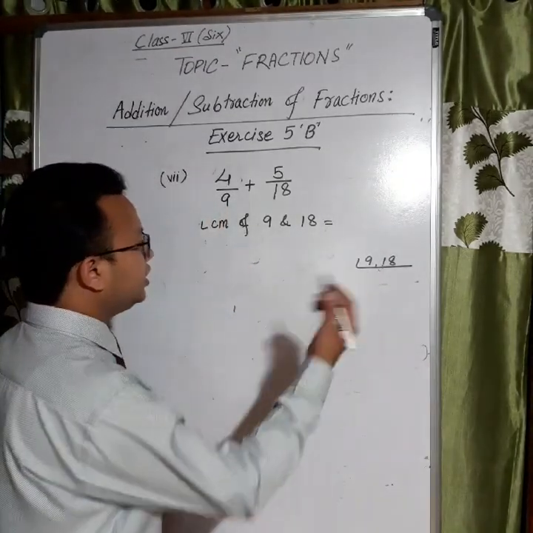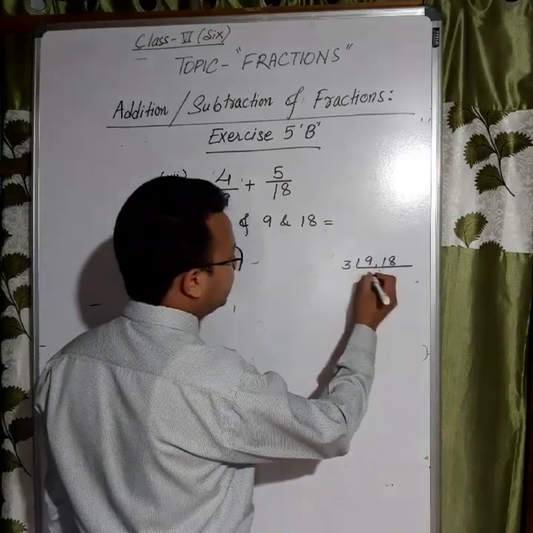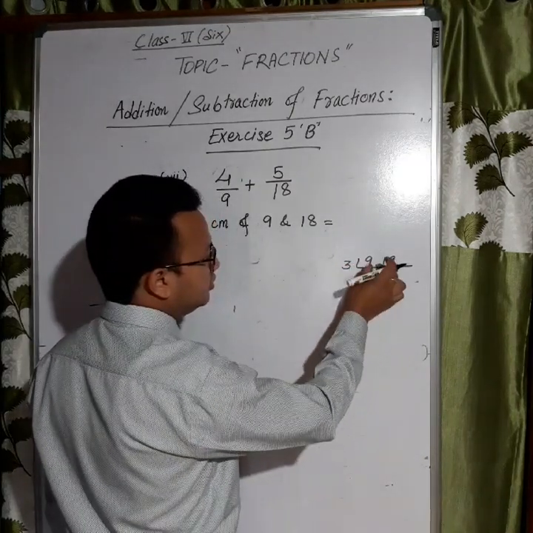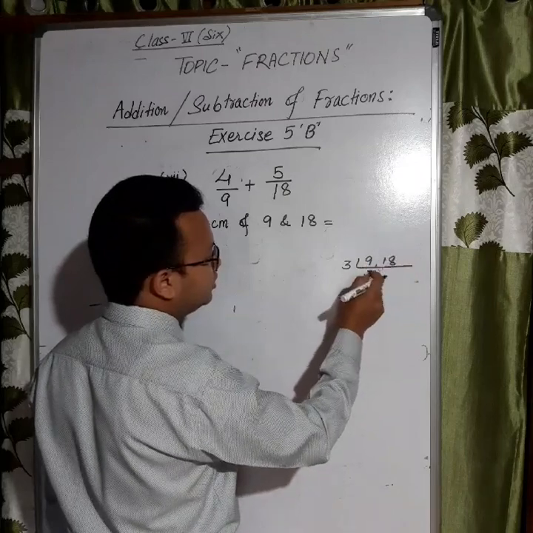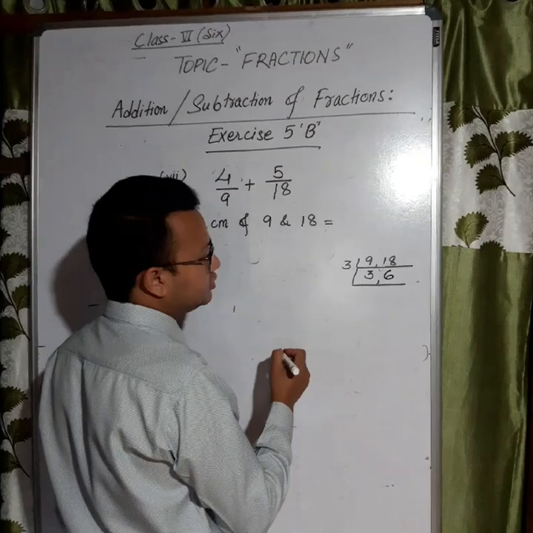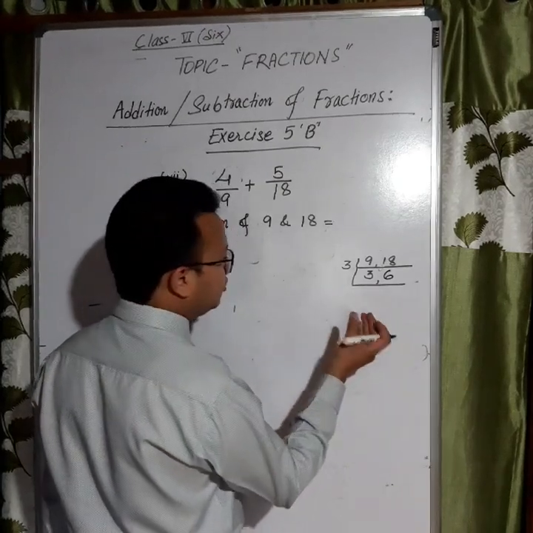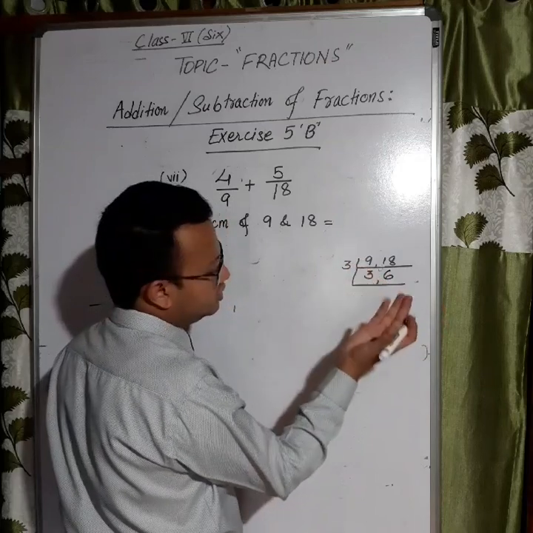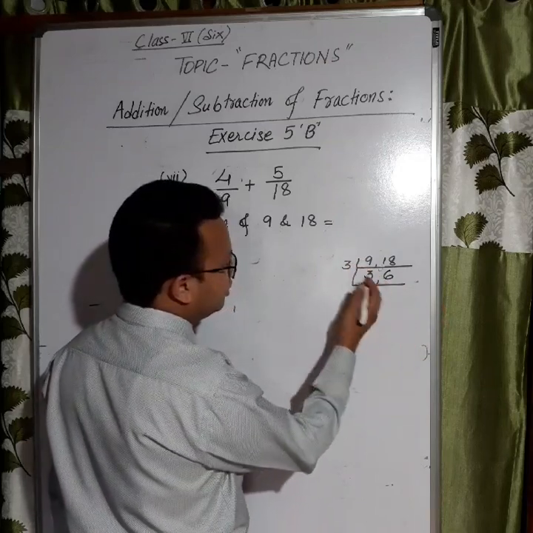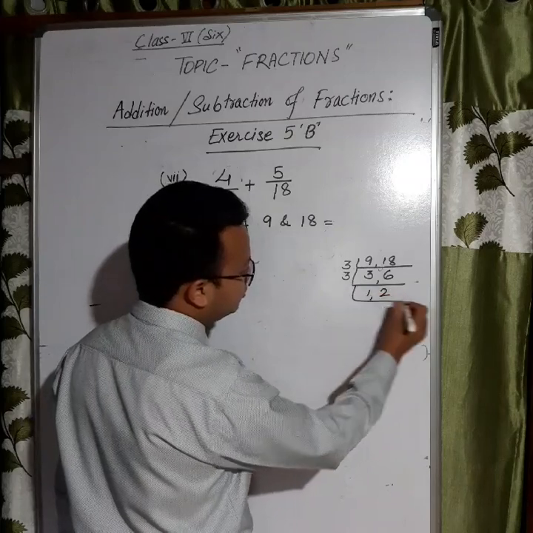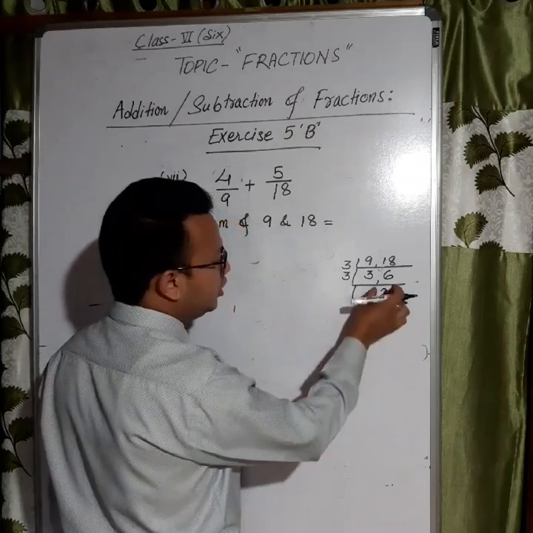If I check with 3, 3 can divide 9, that is 3 3s are 9. Can 3 divide 18? Yes, 3 6s are 18. So 3 divides both, 3 and 6. 3 1s are 3, 3 2s are 6. What are we left with? 2.